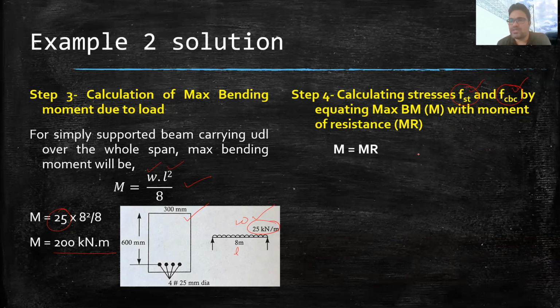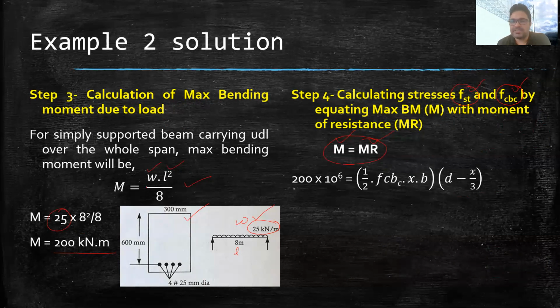To find out the value of these stresses, what we will do is we will equate the maximum bending moment, which is M, with the moment of resistance. Well, moment of resistance formula we already know. So first we will equate M with the moment of resistance.